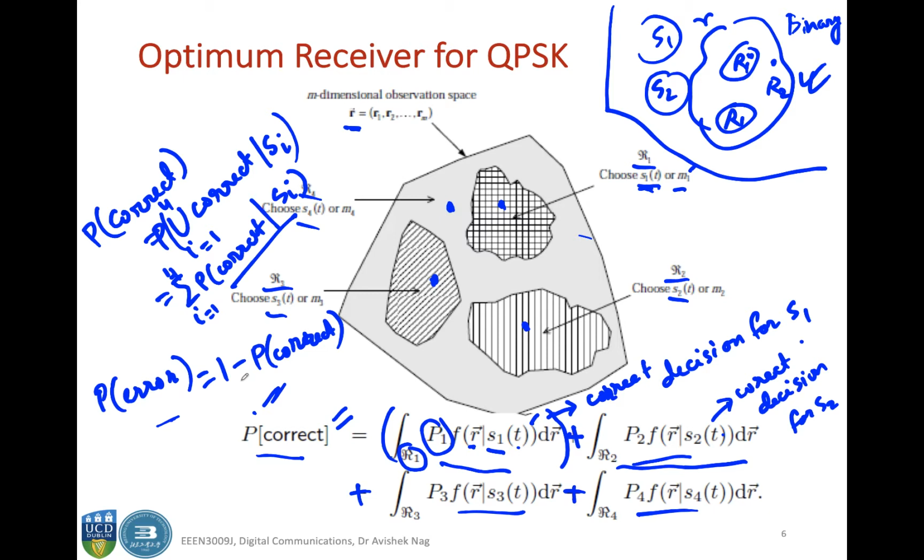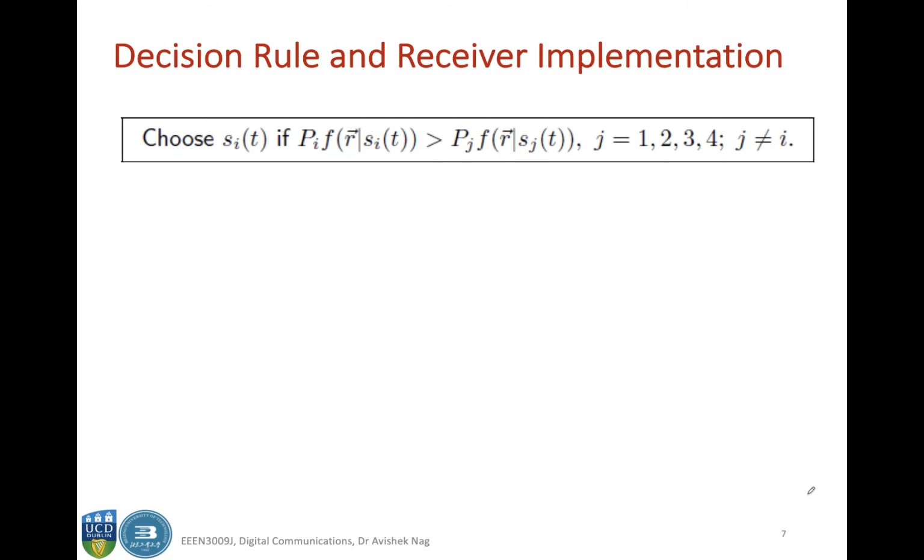If something is less than something, we decide a 1 was transmitted. Similarly, if you analyze this probability of correct and apply the same rule as in binary communication, you will get the optimum decision rule as this.